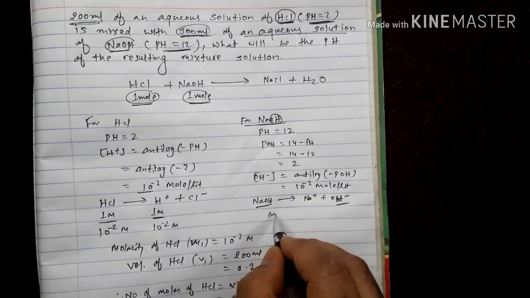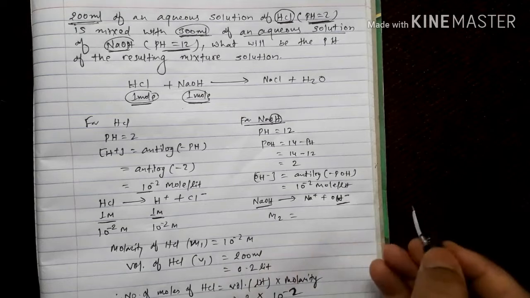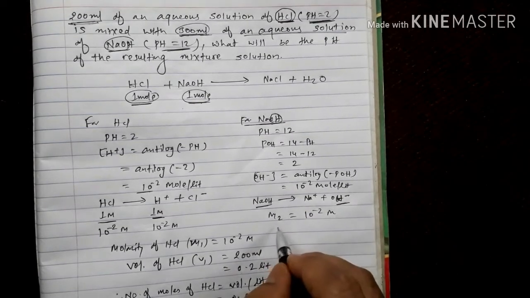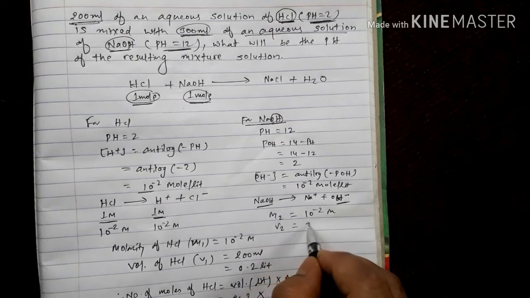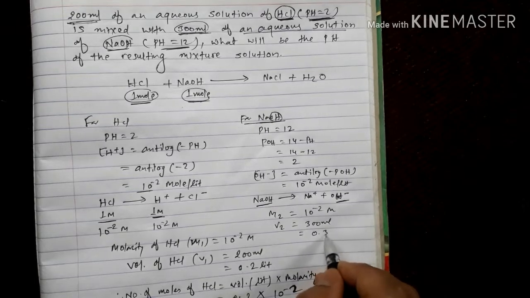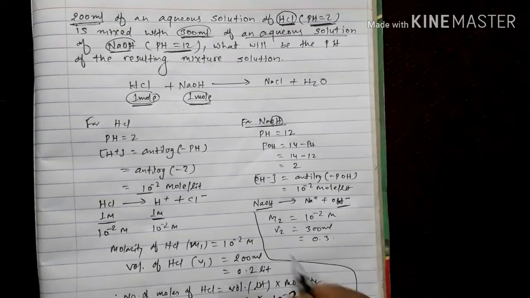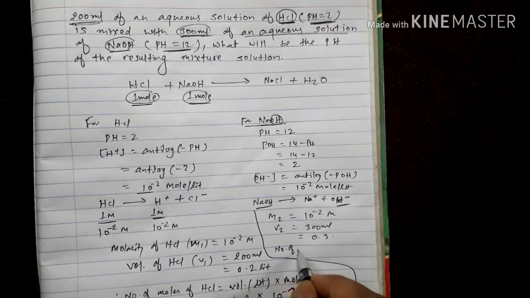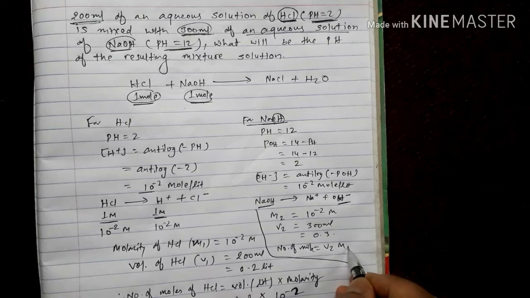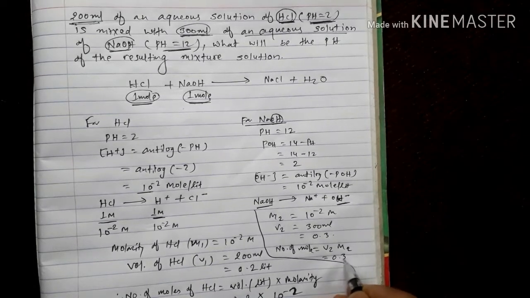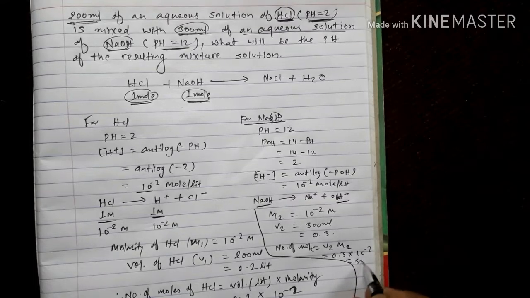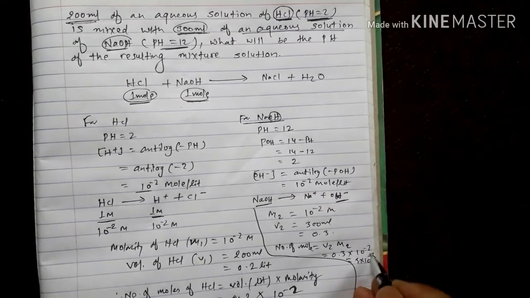Therefore, molarity of NaOH is 10 to the minus 2 molar, and volume is 300 ml, changed into liter, 0.3 liter. Therefore, number of moles is volume in liter into molarity, 0.3 into 10 to the minus 2, that is 3 into 10 to the minus 3 moles.